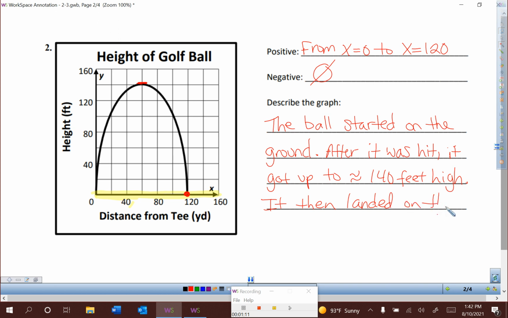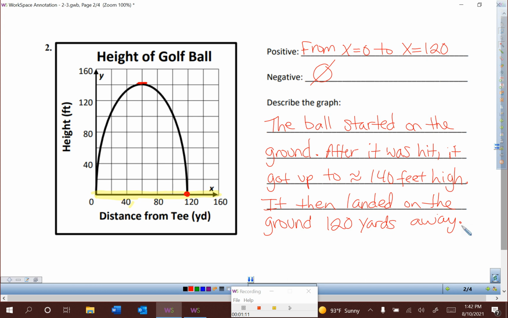on the ground 120 yards away. And again, on these descriptions, as long as you're hitting the main points, even if your wording is a little bit different than mine, that's okay. I just want to make sure that we are hitting the major points of the graph.